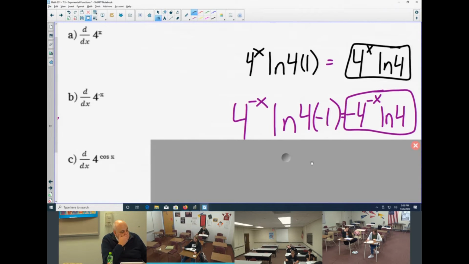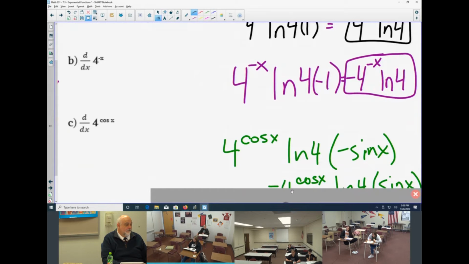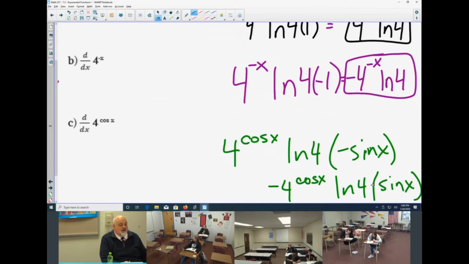I got negative sine x times 4 to the cosine x power times natural log of 4. That's it. So, really, if you have a negative, usually that term I write first, just so it doesn't look like subtraction.